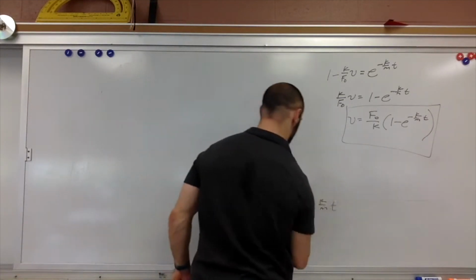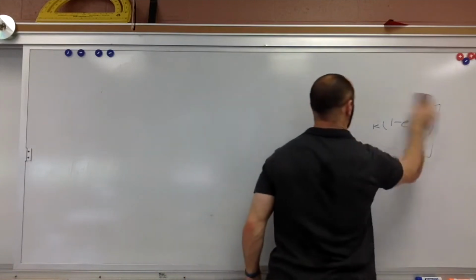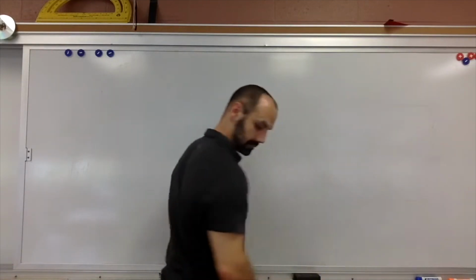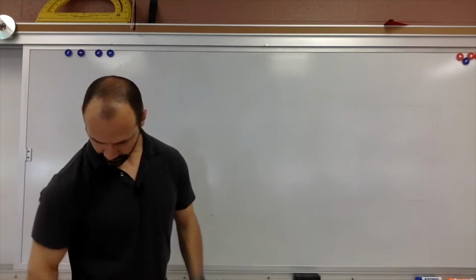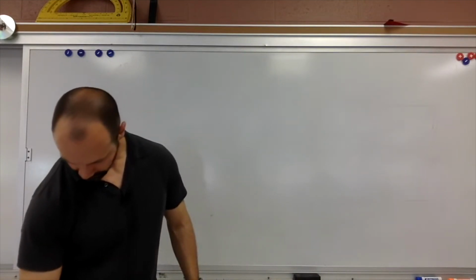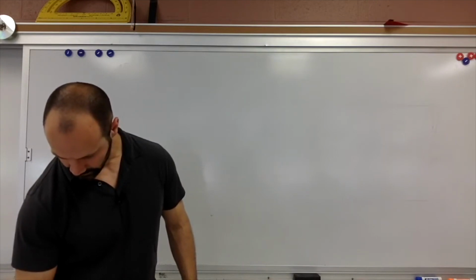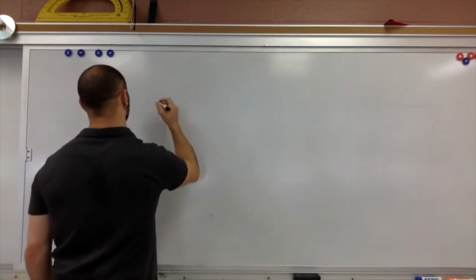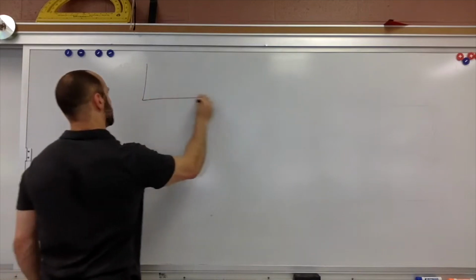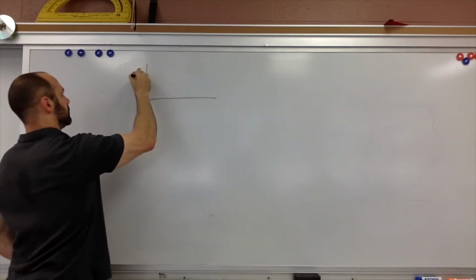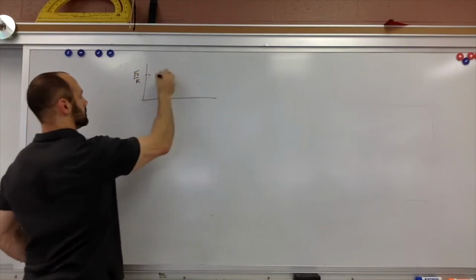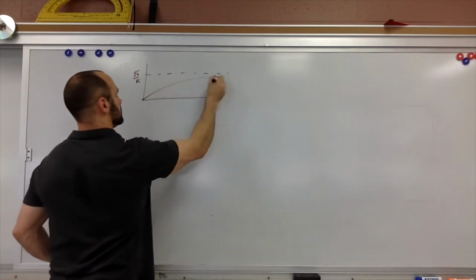All right, well, what do these look like? For part D, they want the car's velocity as a function of time. So we saw that the coefficient in the very front was F naught over k. So it looks like that.